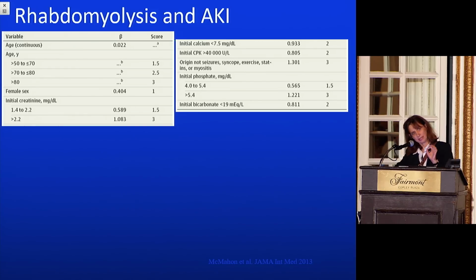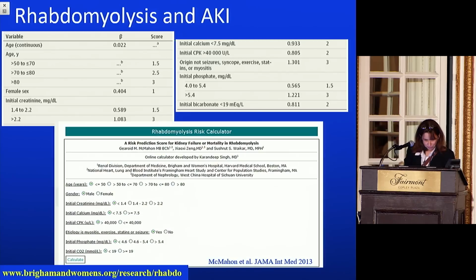Having identified the risk factors, they assigned a risk score to all of them. Increasing age is higher risk, female gender is higher risk, the initial creatinine, the initial CPK, here, it was high risk only above 40,000.